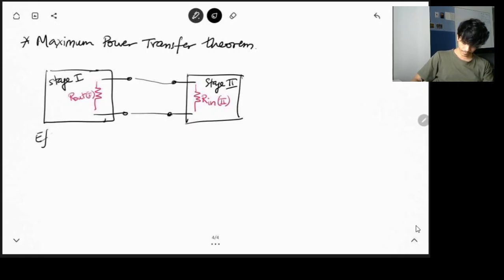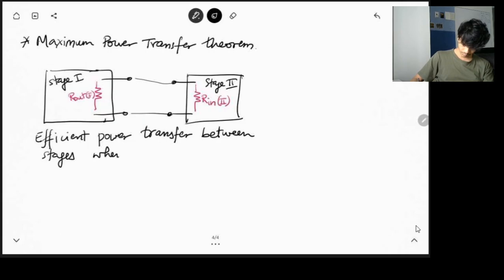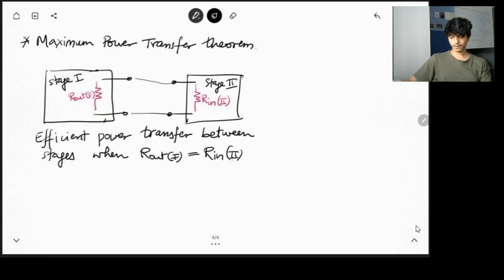So if you want to optimize the power transfer, then the output resistance of the first stage must be equal to the input resistance of the next stage. This is the maximum power transfer theorem. And this can actually be proved using Thevenin's theorem. So let's quickly look at the proof.